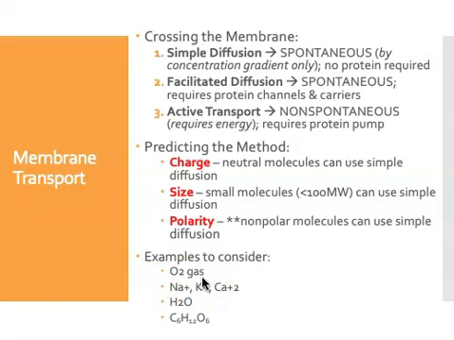So far, so good. You can also see it has no charge on it. That's good. And lastly, we have to ask about size. Just how big is oxygen gas? Well, the molecular weight of oxygen gas is 32. That falls below our limit of 100. So oxygen gas meets all three requirements for passing across a membrane using simple diffusion.